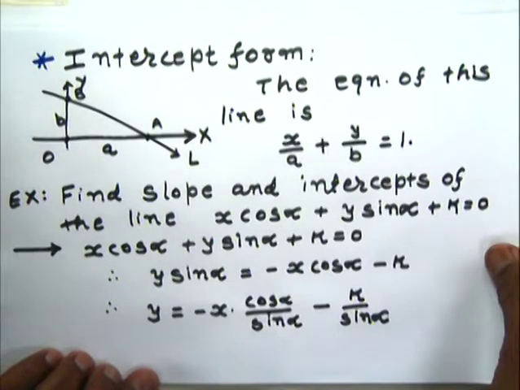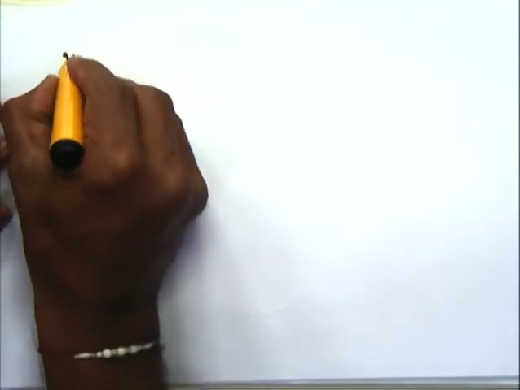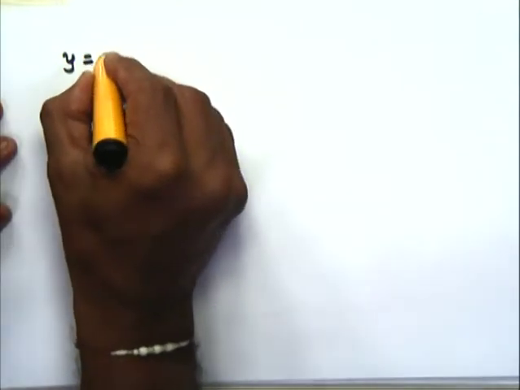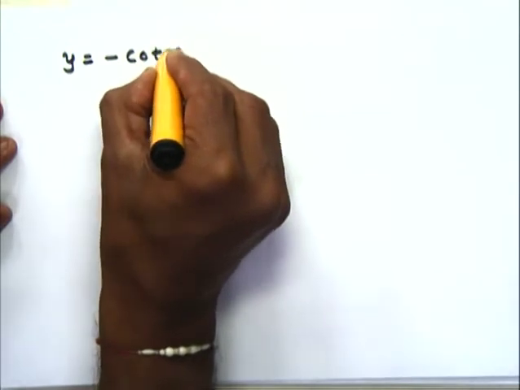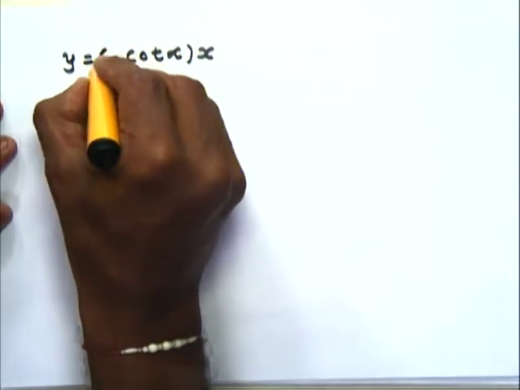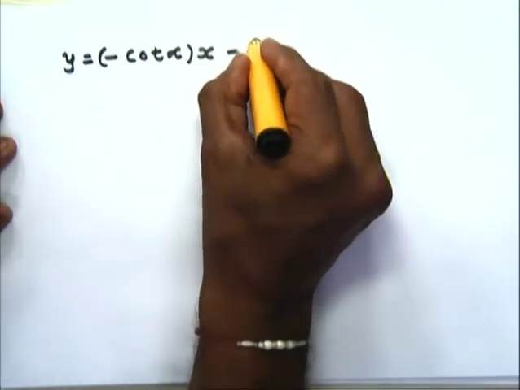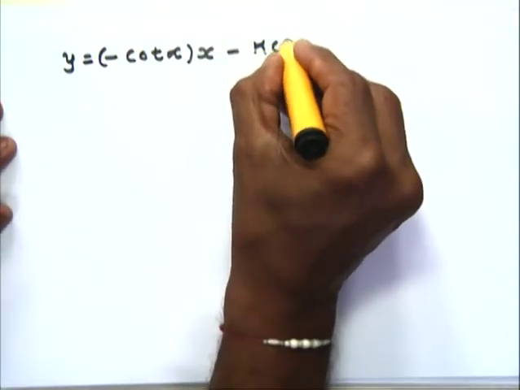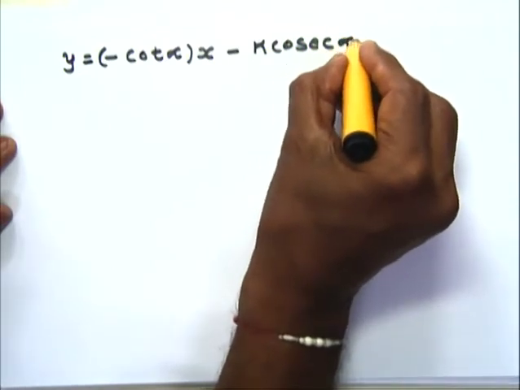On further simplification, we find y is equal to minus cos by sin, cot alpha, into x, minus k into 1 upon sin, which is cosec alpha.